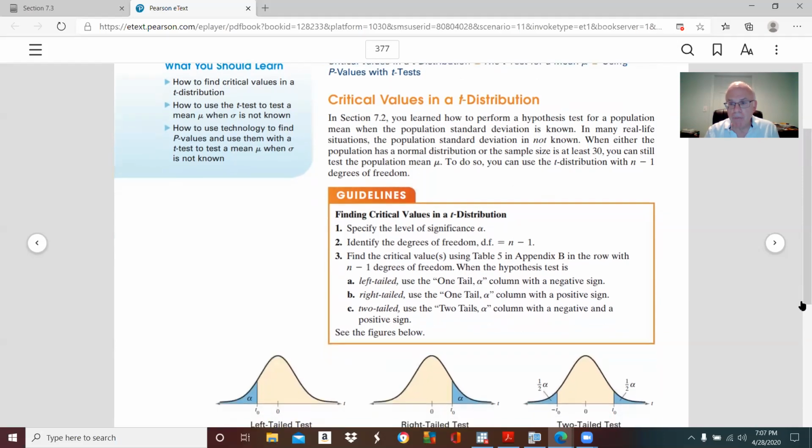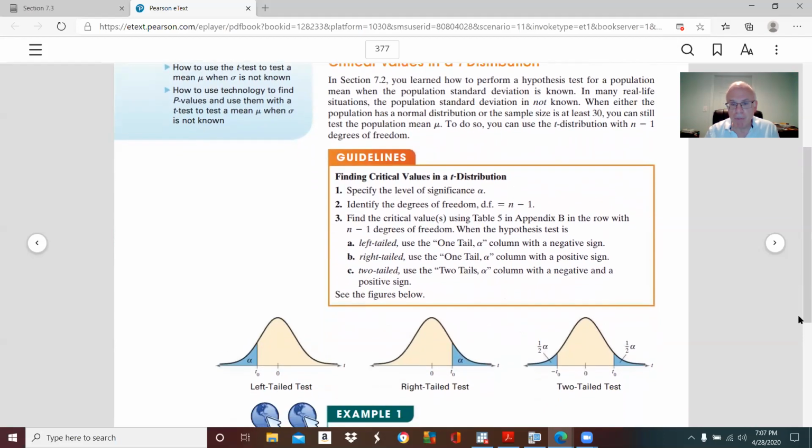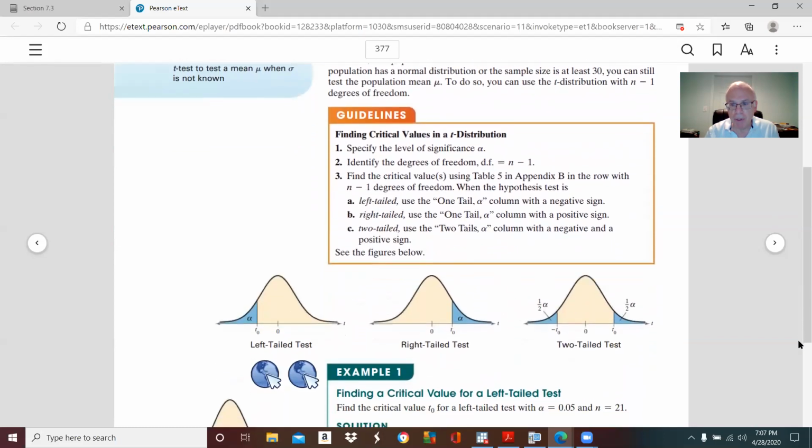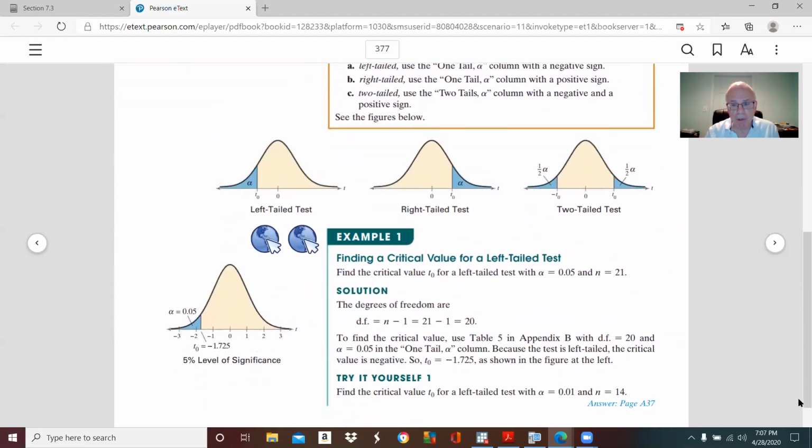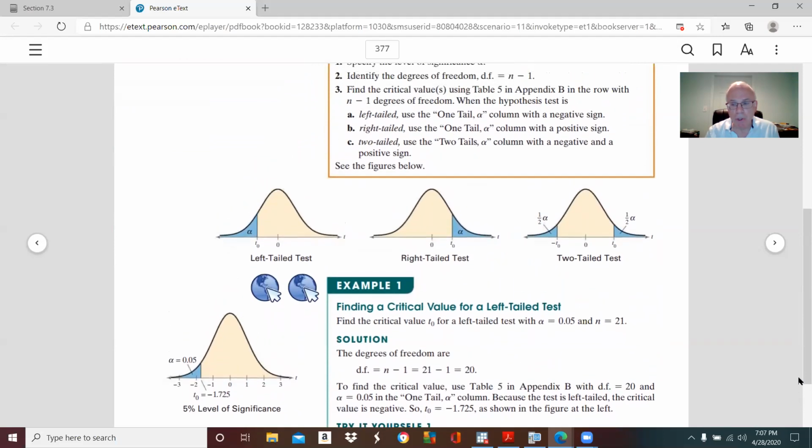But when we use the rejection region method, then of course you need to find the critical values. They show you here how to find them. Let's review it quickly, because this is not the method I'm going to test you on in test number 3, but for some homework problems you may need it.